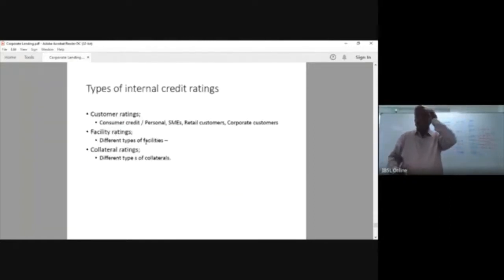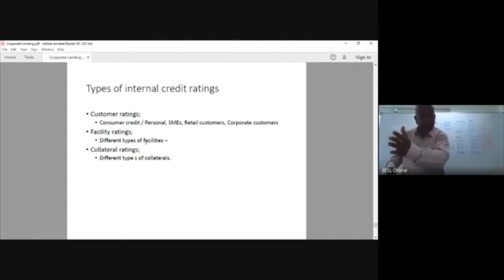Types of internal credit rating. Yes, there are various types. One is customer rating: consumer credit customers, personal, SME, retail, corporate customers, all types of customers. Then the facility rating. Different types of facilities are also rated, whether it is a housing loan or business loan or project loan.